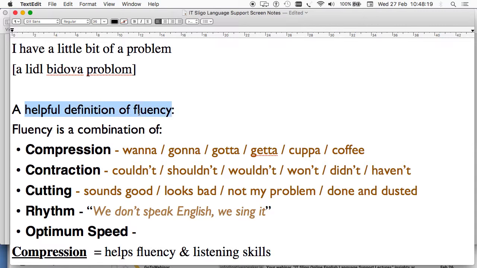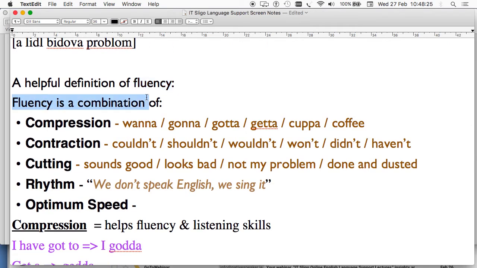Okay, just in terms of fluency, some of you have mentioned that you want to speak more like native speakers. Fluency is a combination of a number of elements. One of the elements is compression, so that will be wanna, gonna, gotta, getta, cuppa, coffee, for example. Coffee is just put in there for a cup of coffee.